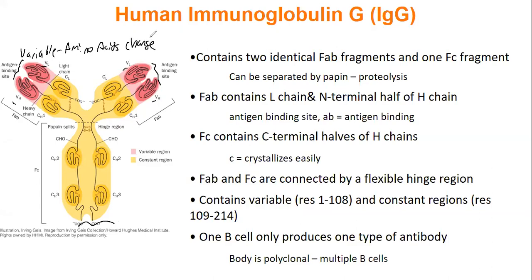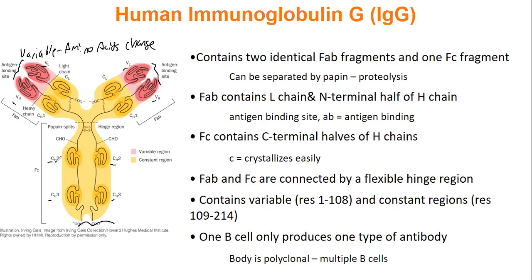Each antibody that you make will have a different variable region. The constant region, which is what these C's are, doesn't change. Every single antibody or IgG that you produce will have the same constant region, but different variable regions.